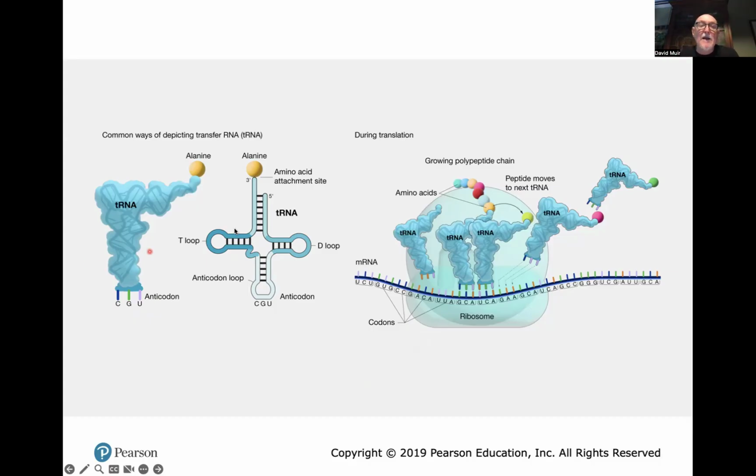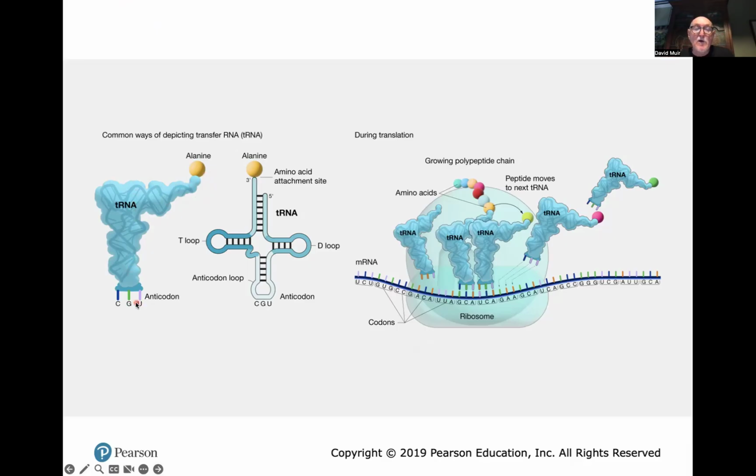And what is it carrying? It's carrying alanine. This is how the code gets translated from nucleic acid into an amino acid sequence. It gets translated by this molecule, which has both properties. It is nucleic acid, and it carries an amino acid.